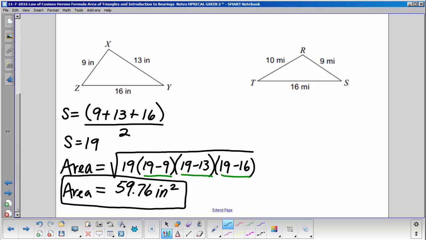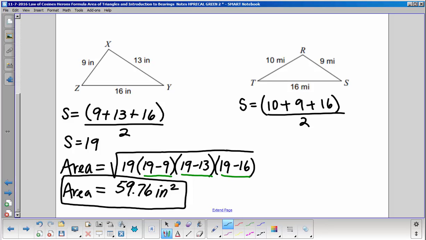All right, so let's do the semi-perimeter on this next one. That's going to be (10 plus 9 plus 16) all over 2. I got a different number. Uh-oh, she got a different number. Let's check it out, John.